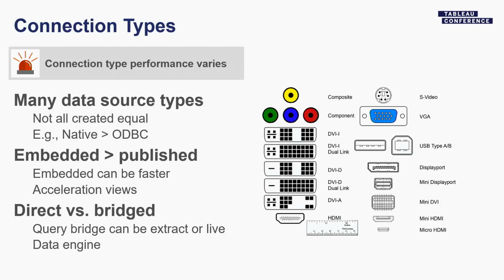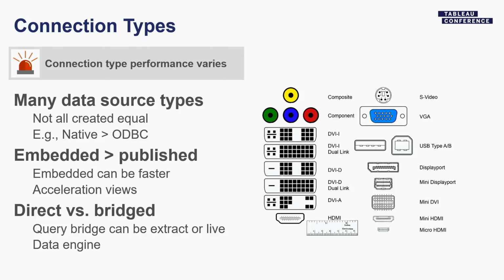It's because when we're embedding the data source, we can create these things called acceleration views, where we know how things like show relevant values filters are used, so we can build these accelerator views inside the dashboard behind the scenes, because we know what's going to happen. But if we're publishing a data source to be used by other visualizations, we don't know how they might be used, and so we can't use these acceleration views.